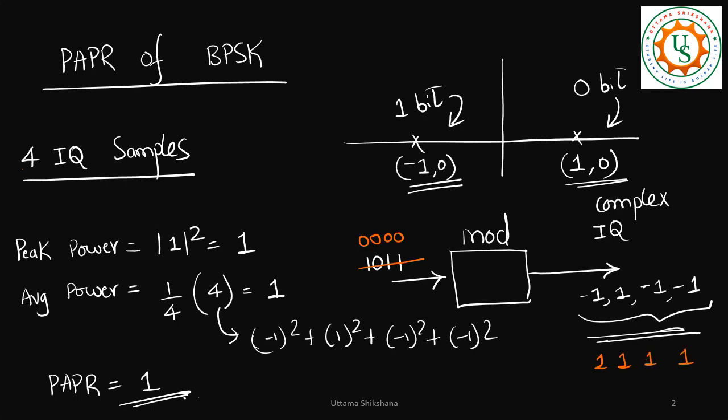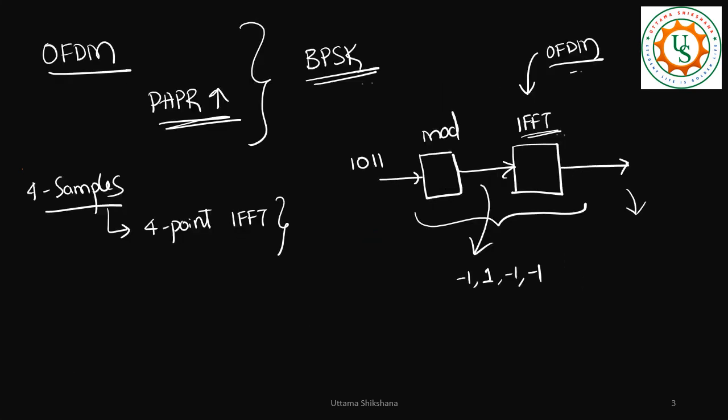Anyway we will get the same PAPR. You agreed? Now for the OFDM system, I will again take all zeros as input, which means at the output I will get all ones, 1 1 1 1.